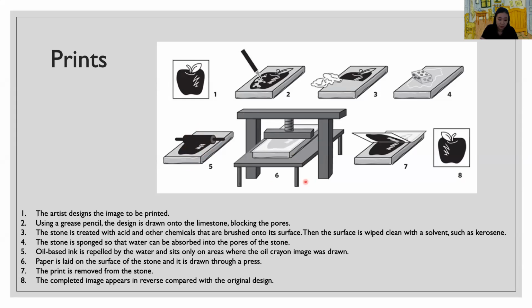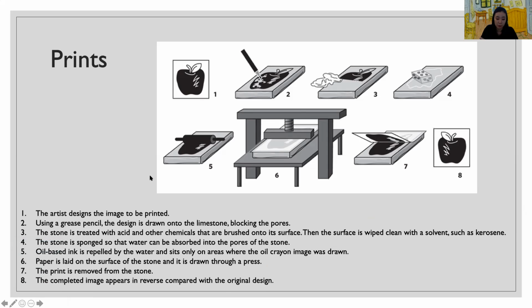The paper is laid on the surface of the stone, and it is drawn through a press. When the print is removed from the stone, the completed image appears reversed compared with the original design. So that is the process of lithography.